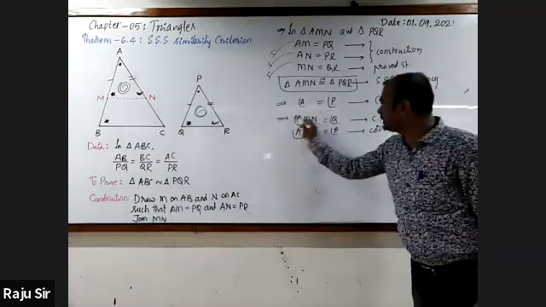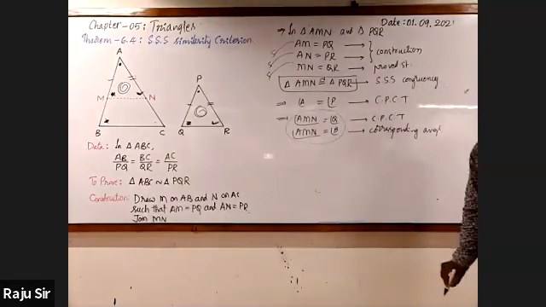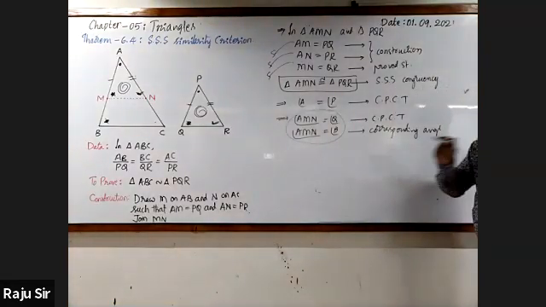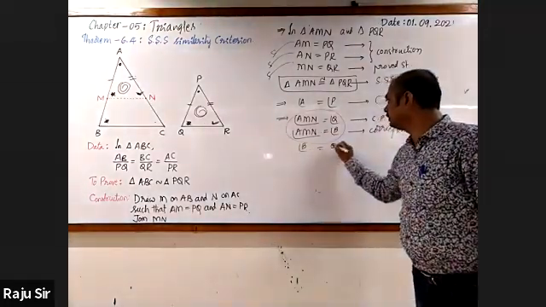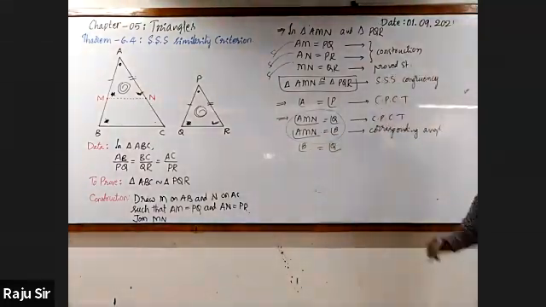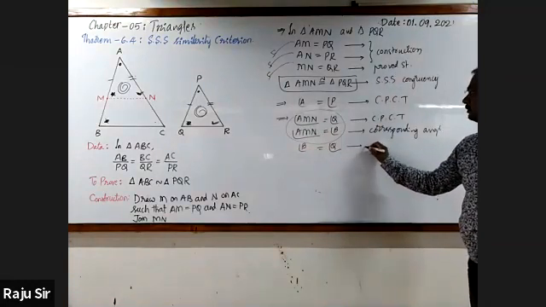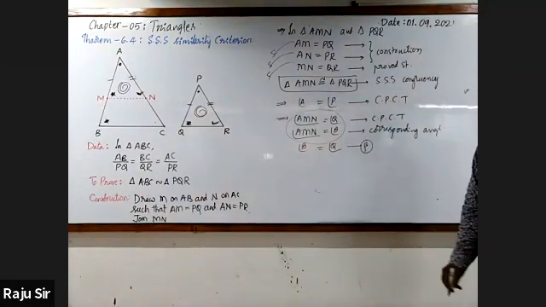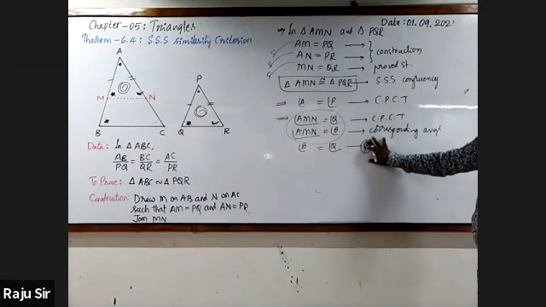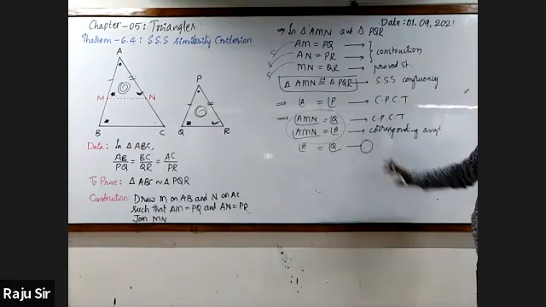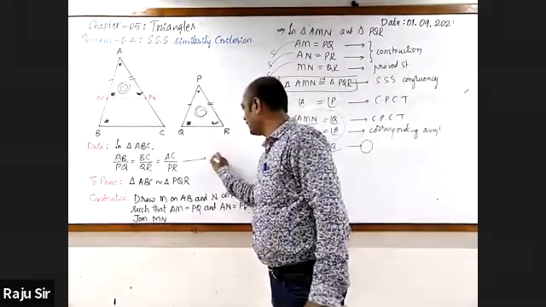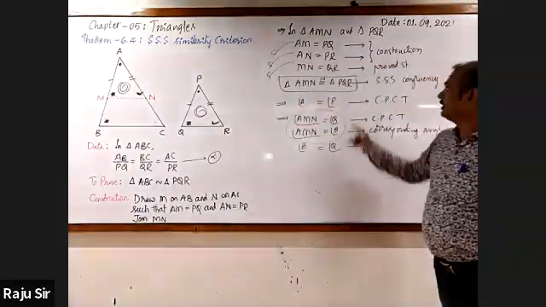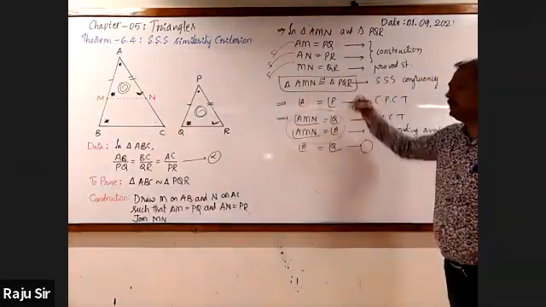From these two, how do you write? Angle B equals angle Q. I take this as statement beta. Let's do one thing: this is alpha, and let us call this as beta.